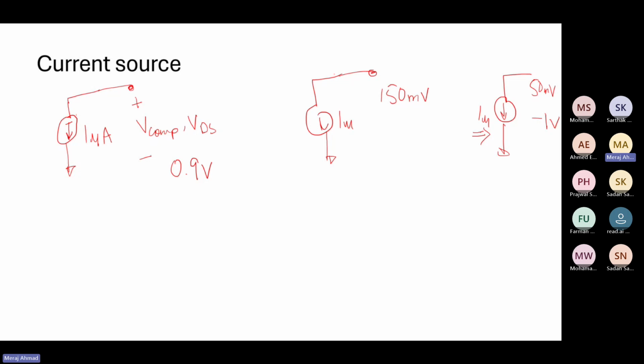How should we decide? Let me replace this with a transistor; we will see how we select the W by L, but let's start with this 0.9 volt. And again you have 150 millivolt, and in this case 50 millivolt.